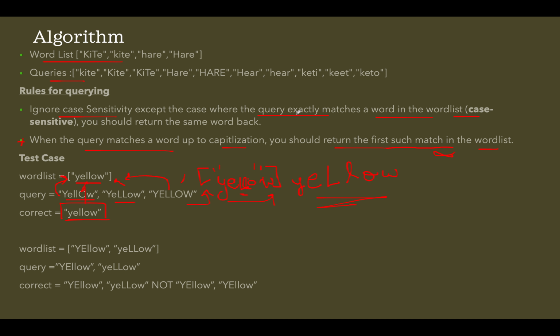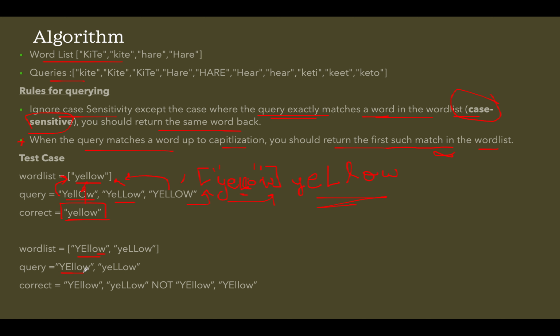And let's talk about another rule that was specified in the question. For the case when the query exactly matches a given word in the word list, you should return the same word back. This is a case sensitive check, not a case insensitive check. Let's take this as an example. We have yellow spelled capital Y, capital E, small l again, small o and small w.